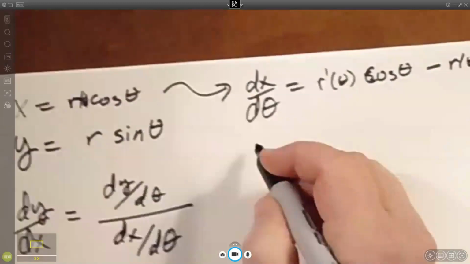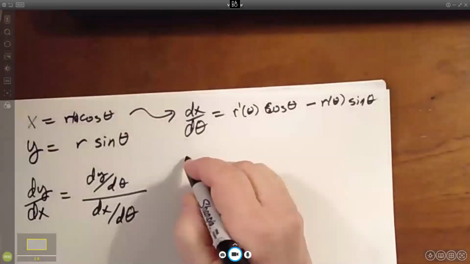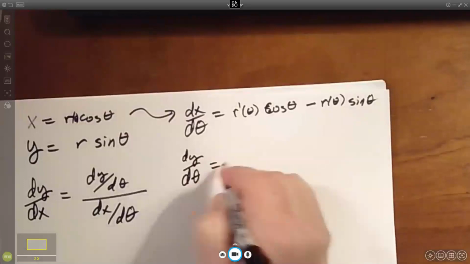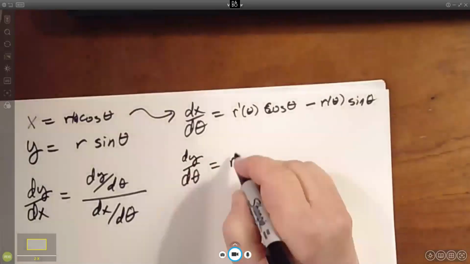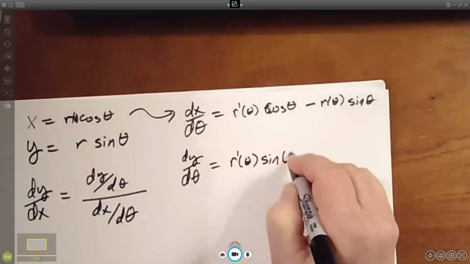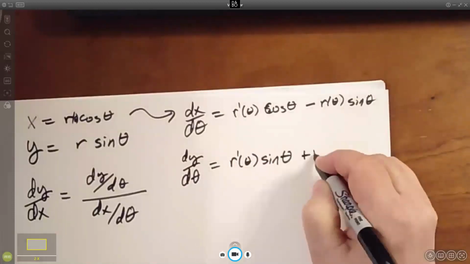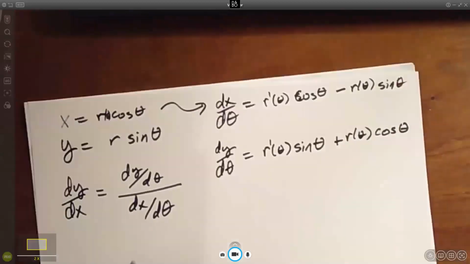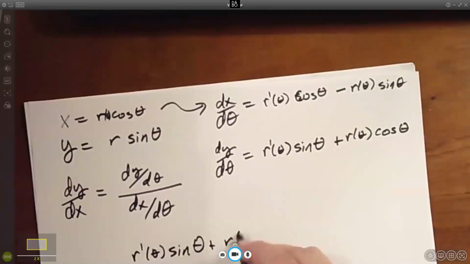To find dy/d theta, I say derivative of the first, leave the second alone, plus the derivative of the second, leave the first one alone. So dy/dx is going to be r prime theta sine theta plus r of theta cosine theta, all over r prime of theta.